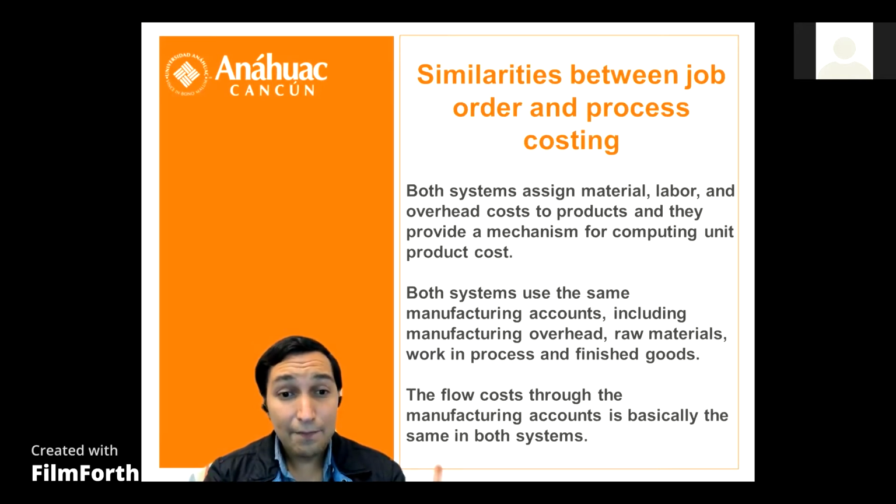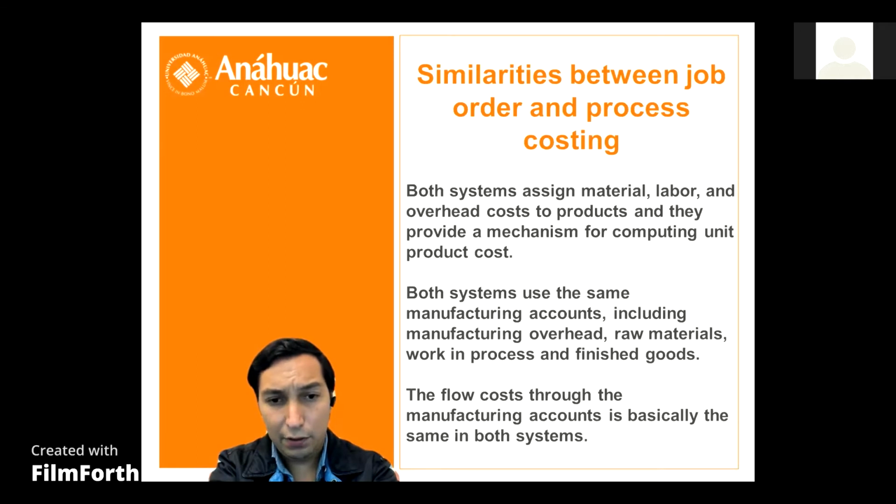Both systems are going to use the same types of accounts, which include manufacturing overhead, which we call MO, raw materials, work in process, which we refer to as WIP, and finished goods.